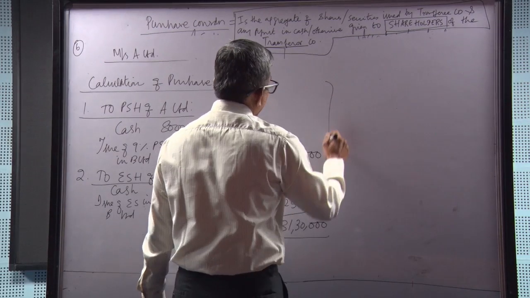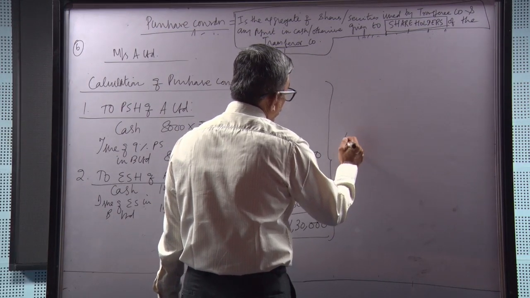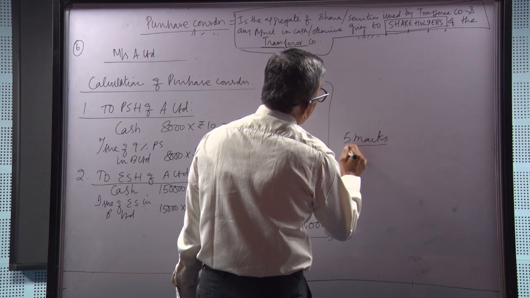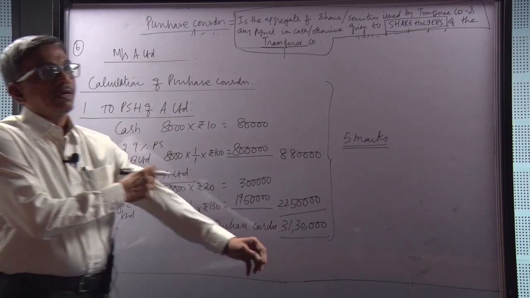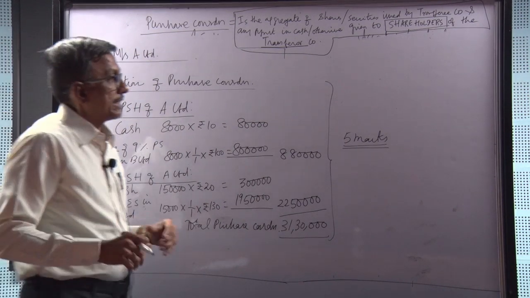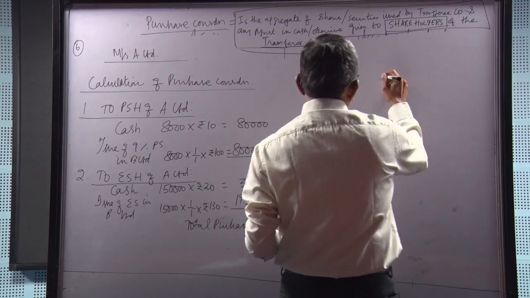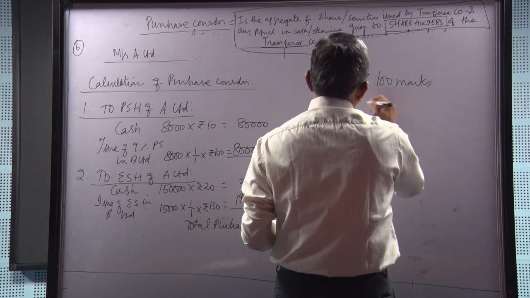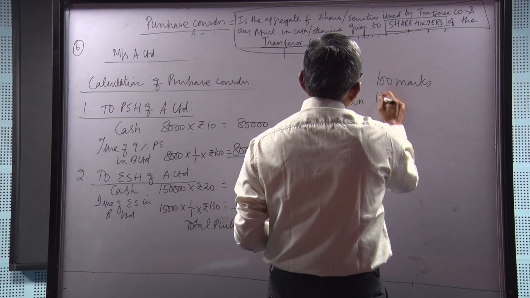For doing this, in the examination, they may give you a maximum of 5 marks. And I am sure you should be knowing that in the exam you have to attempt 100 marks in 180 minutes.